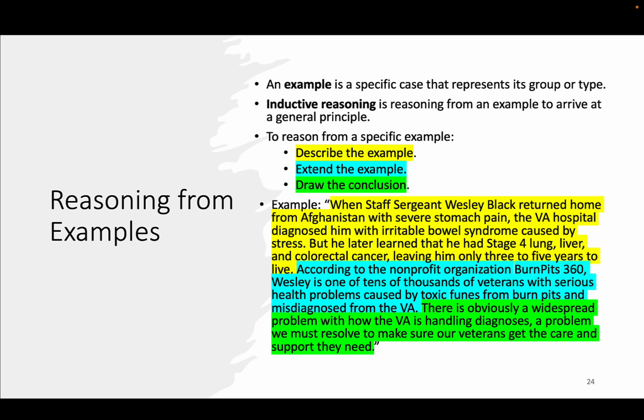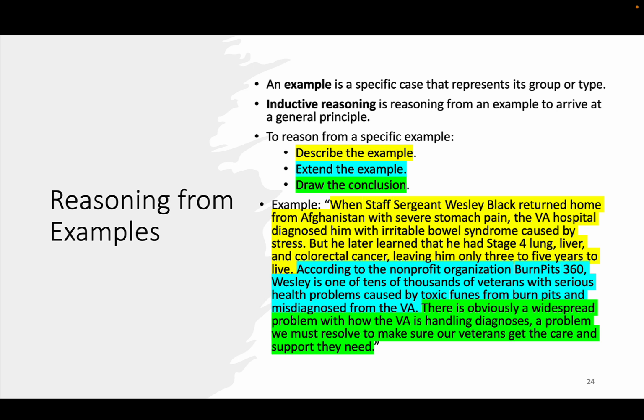So here's an example of good inductive reasoning. When Staff Sergeant Wesley Black returned home from Afghanistan with severe stomach pain, the VA hospital diagnosed him with irritable bowel syndrome caused by stress, but he later learned that he had stage 4 lung, liver, and colorectal cancer, leaving him only 3 to 5 years to live.